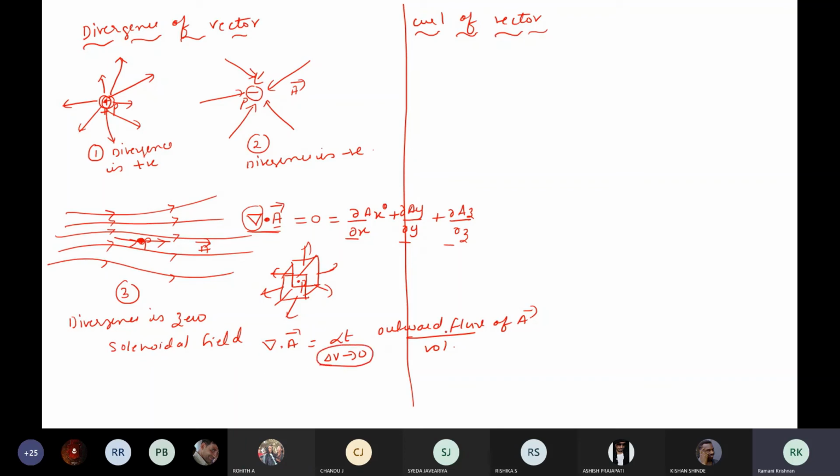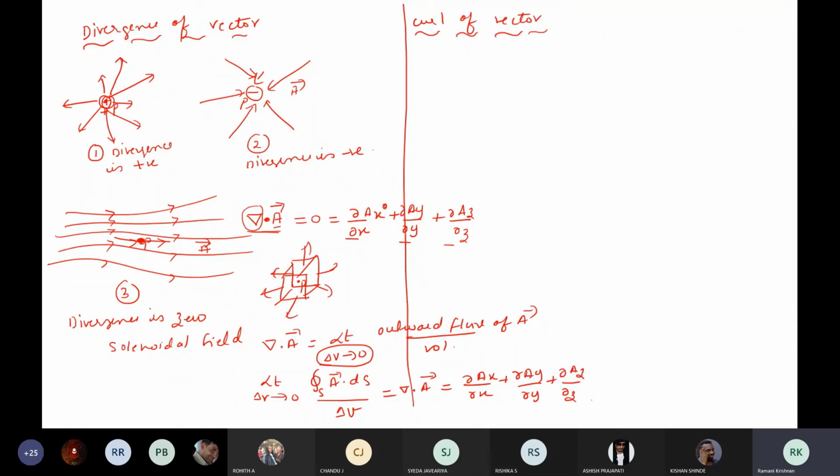If I write the same thing as an expression, I'll write the limit as delta V tends to 0 of the integral of A dot ds per volume, which is equal to del dot A, which is equal to dou AX by dou X plus dou AY by dou Y plus dou AZ by dou Z. So divergence has only magnitude.